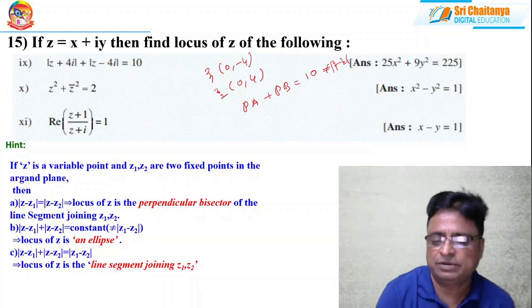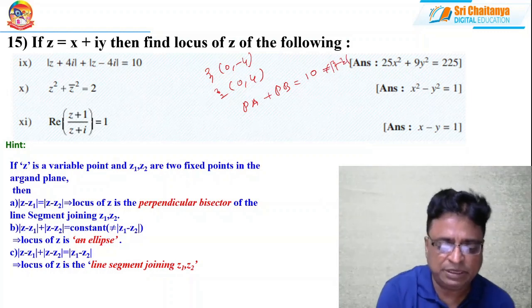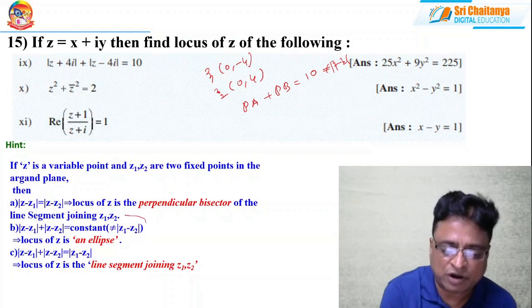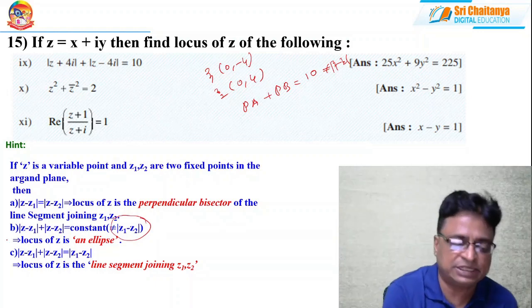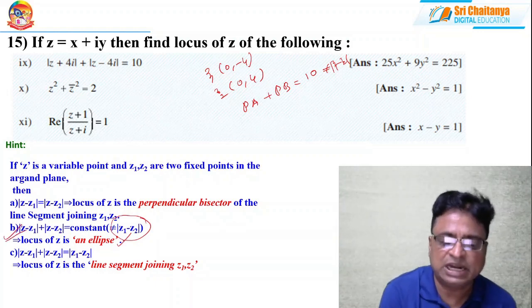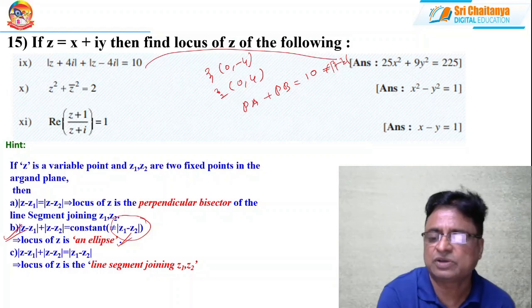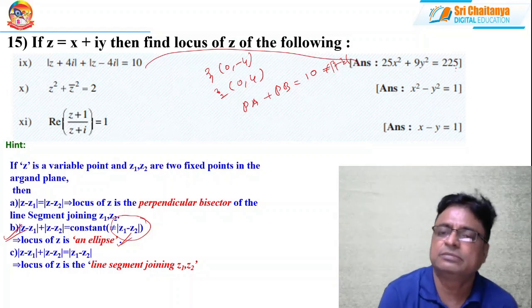When mod of z minus z1 plus mod of z minus z2 is equal to a constant, which is not equal to mod z1 minus z2, see the third point, then the locus of z is an ellipse. So obviously, if I solve this, you can get it as an ellipse.